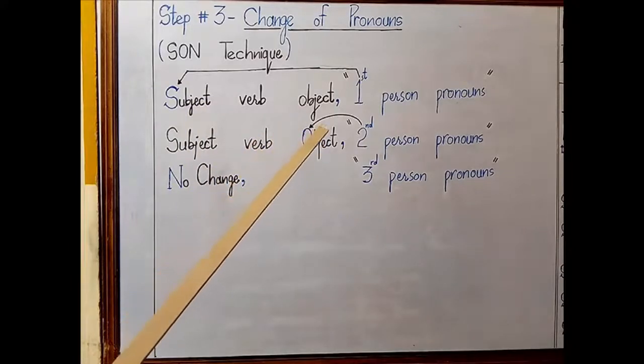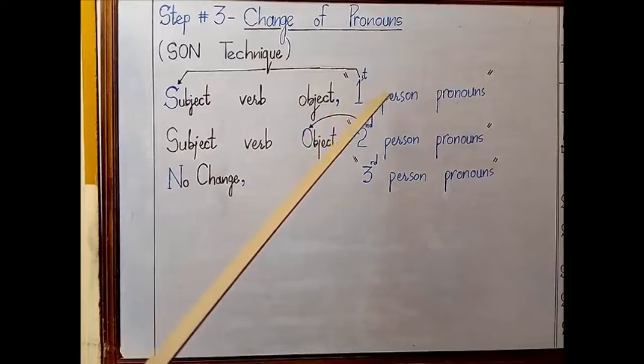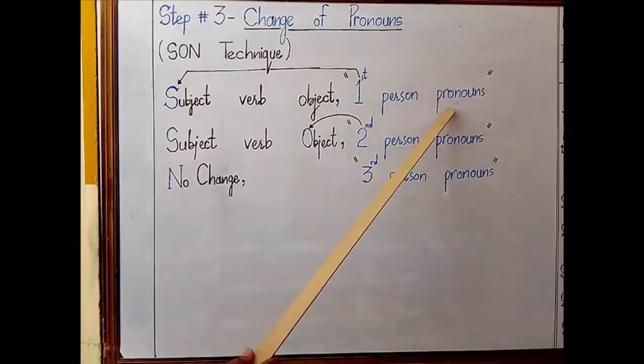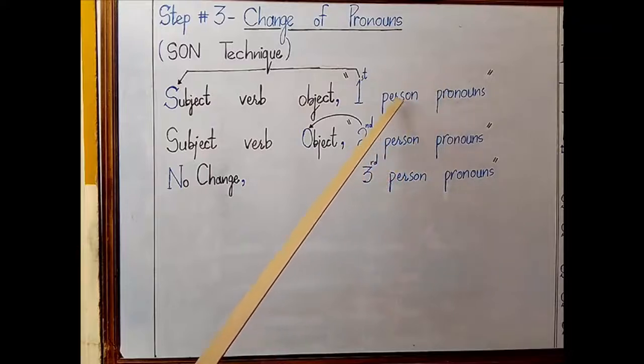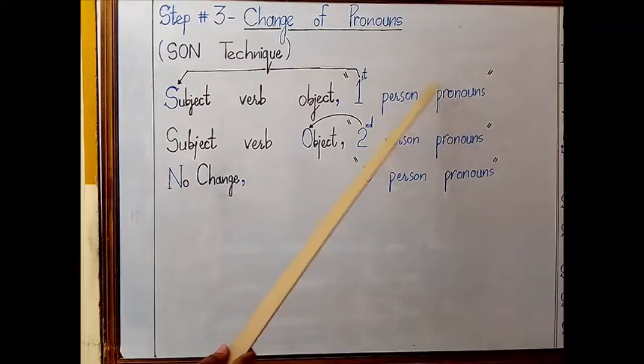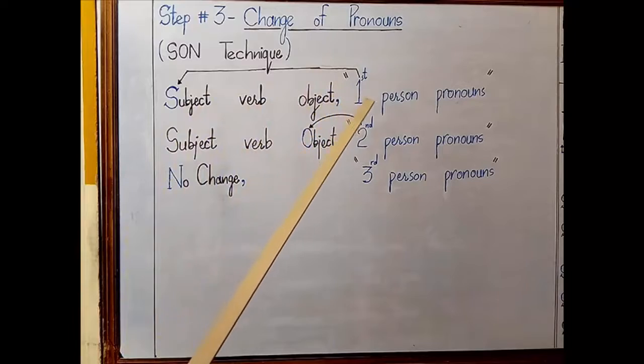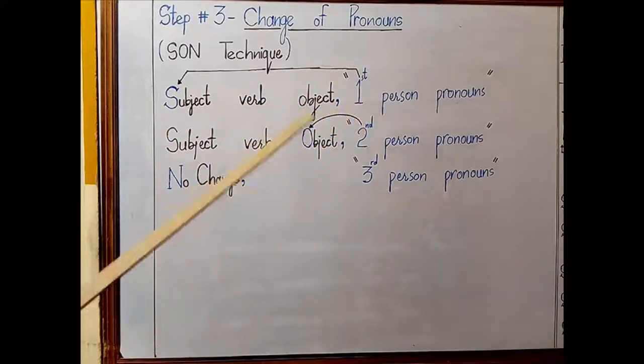For example, if in the reported speech we have first person pronouns, we change these first person pronouns from the subject of the reporting speech. I am repeating it. As I told you in the starting, we have 5 total changes in narration.